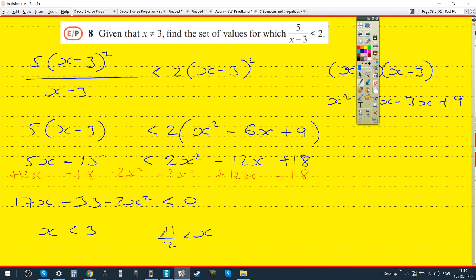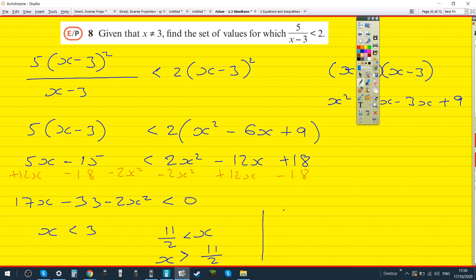And so this second one: if 11 over 2 is less than x, what if you put those on the other side? It would be flipped, so x is greater than 11 over 2, and I think that's 5.5.